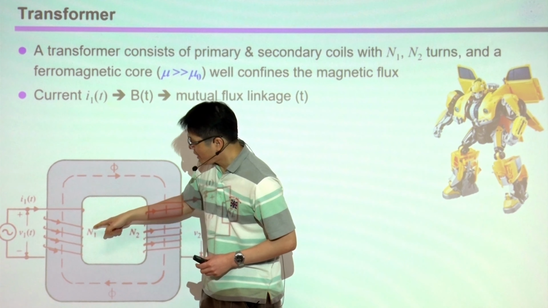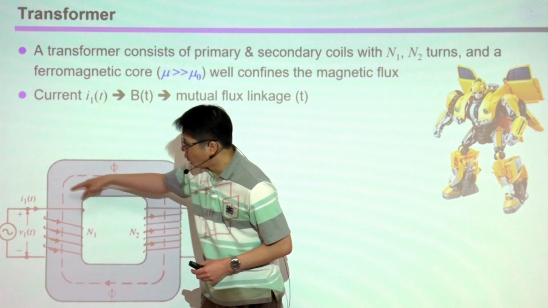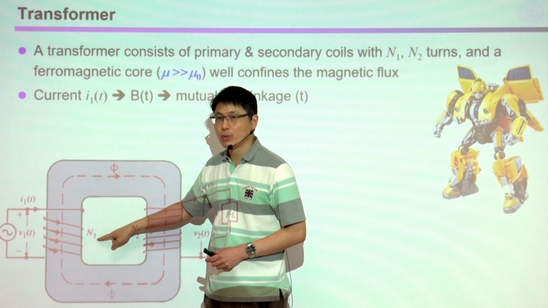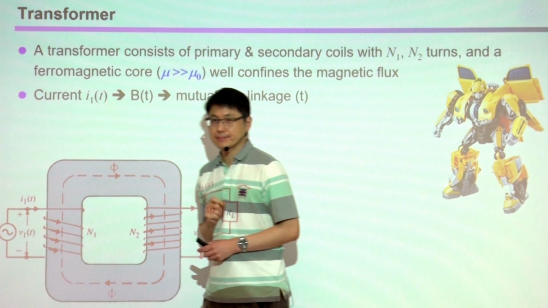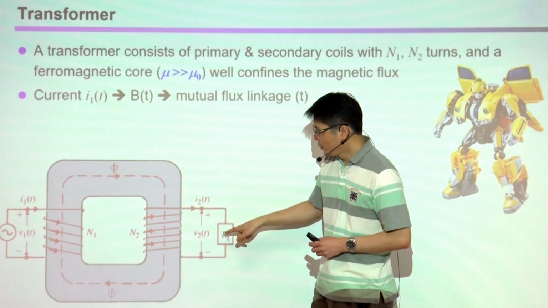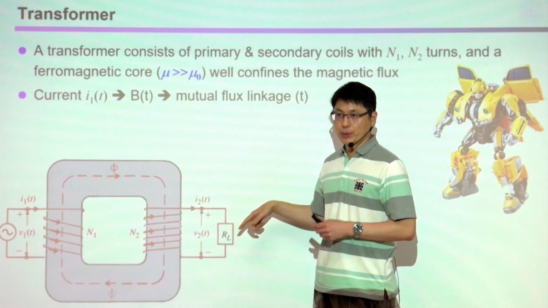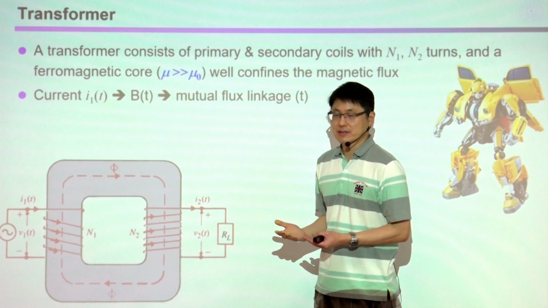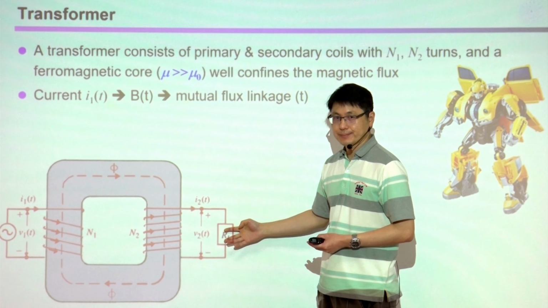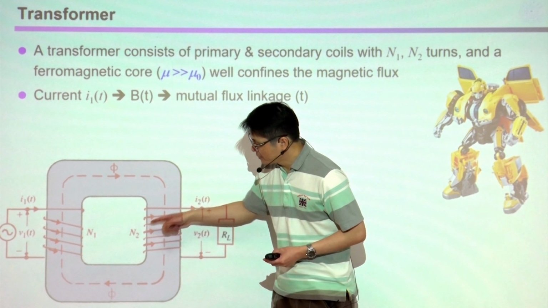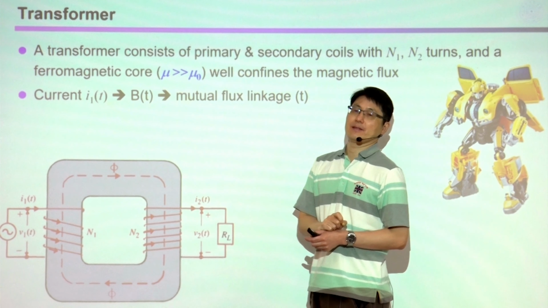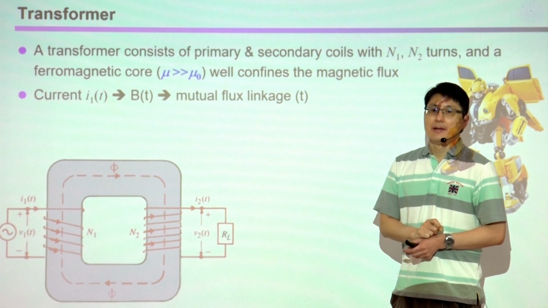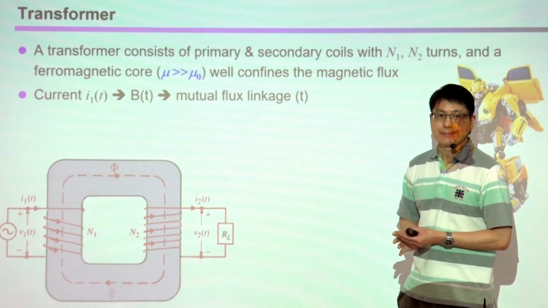Usually you have winding one having a number N1 of coils, and you drive this coil. But you connect your device to the second coil. The second coil can have a different winding number, N2, right? So basically, that's a transformer.